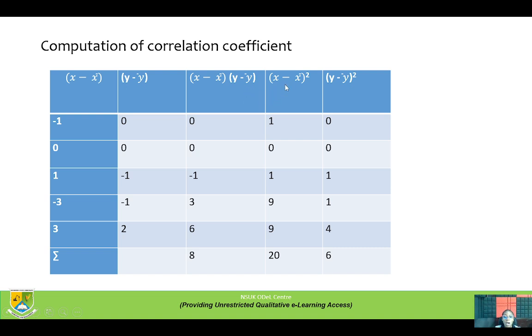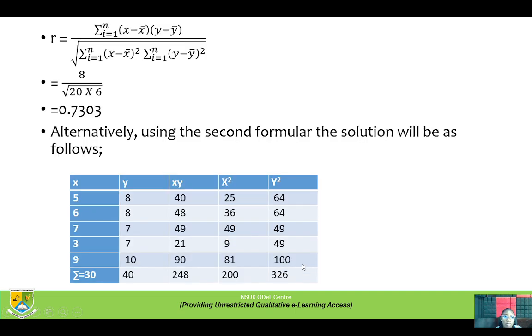And in this other column we have x minus x bar all squared, and then y minus y bar all squared. Computing this and getting their summations, we are halfway there. What's left now is to substitute the summations into the Pearson's correlation formula.